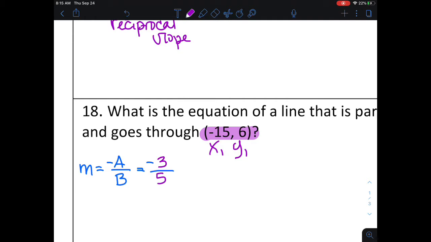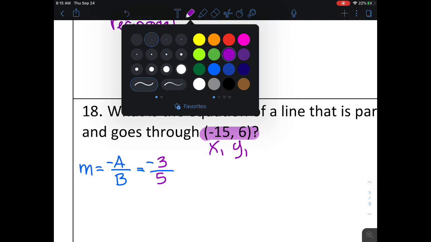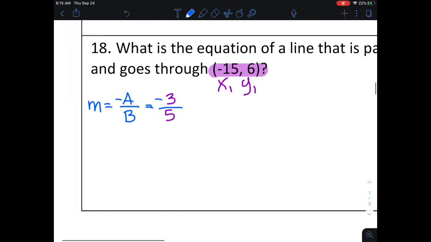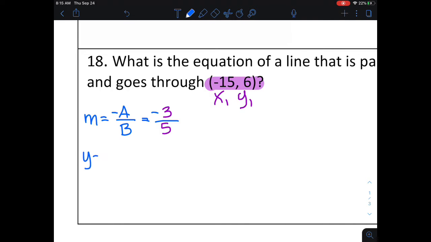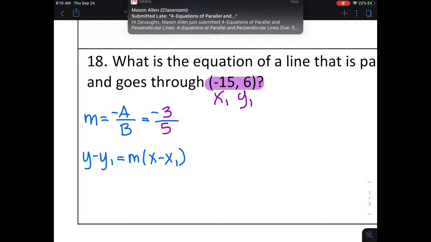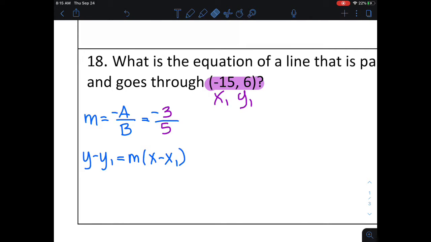All right, moving on to point slope form. So after you find the slope, you need to use point slope form to plug things in. y minus y1 equals m times x minus x1. And now we are going to erase and replace. All right, so y1 is 6.